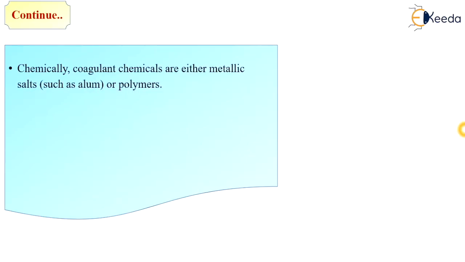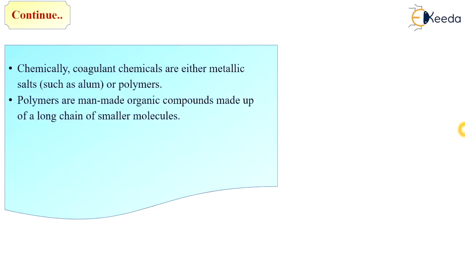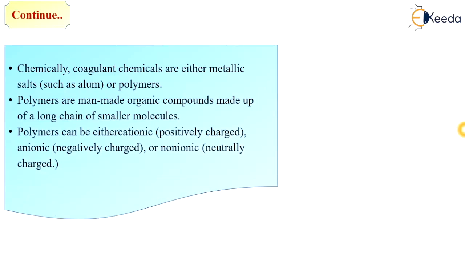Chemically, coagulant chemicals are either metallic salts or polymers. Polymers are man-made organic compounds made up of a long chain of smaller molecules. Polymers can be either cationic or non-ionic charged particles.